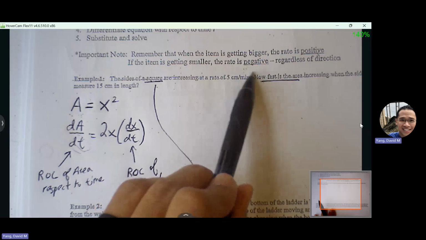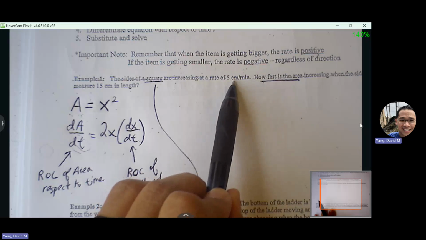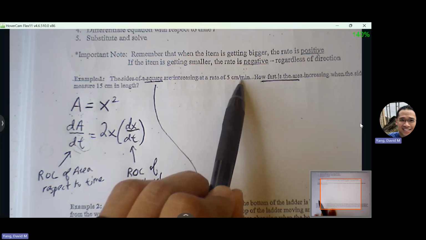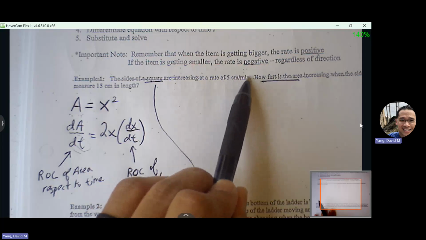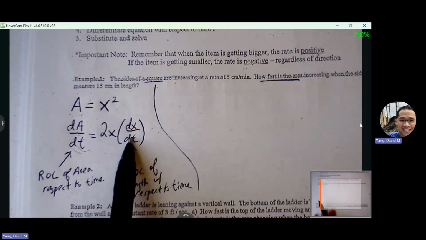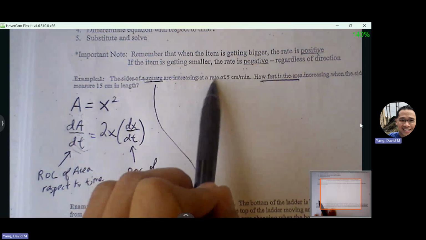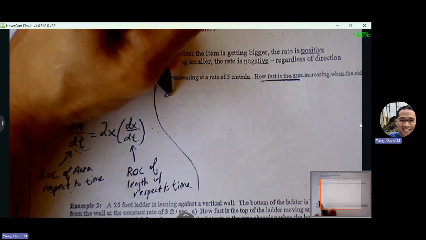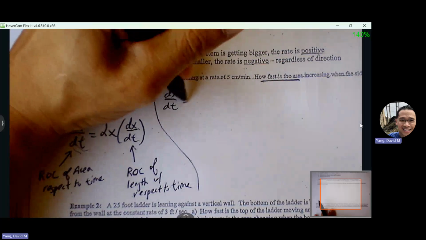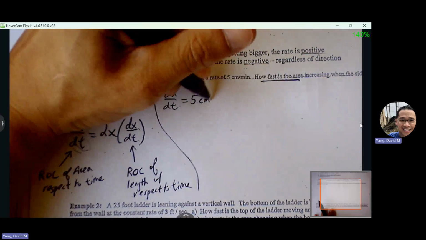The units also help a lot because centimeters is the unit for a length, but it can't be x because there's a time component as well. If I see a time component, it's got to be something over dt. It can't be dA over dt because that would be talking about the area. So we know dx dt is going to be 5 centimeters per minute.